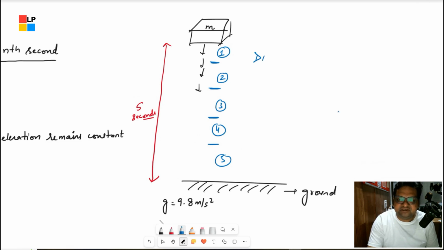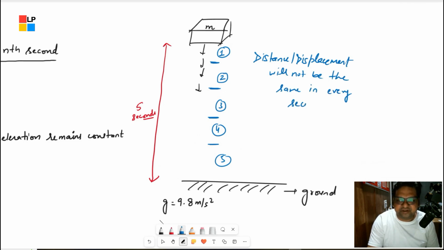The distance, or better if we say the displacement, will not be the same in every second. It has to be different. Why does it have to be different?